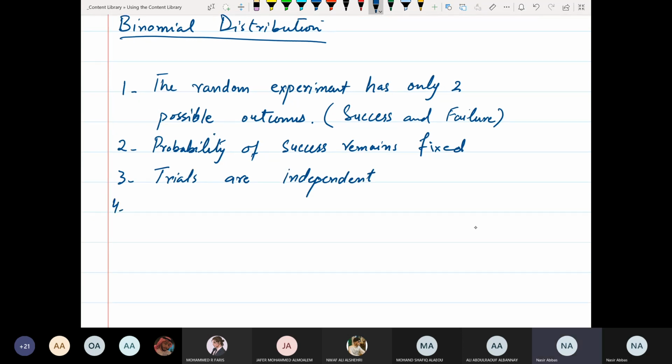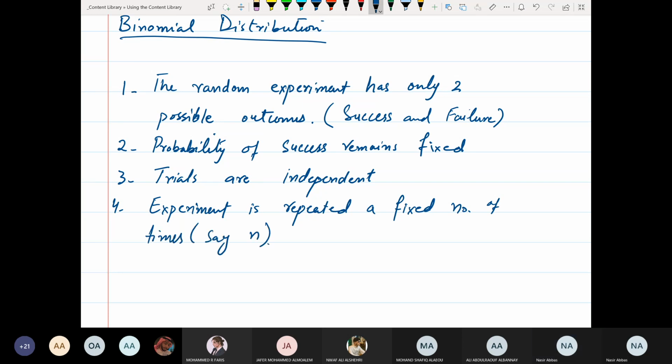And number 4, experiment is repeated a fixed number of times, say n times. Probability of success remains fixed.